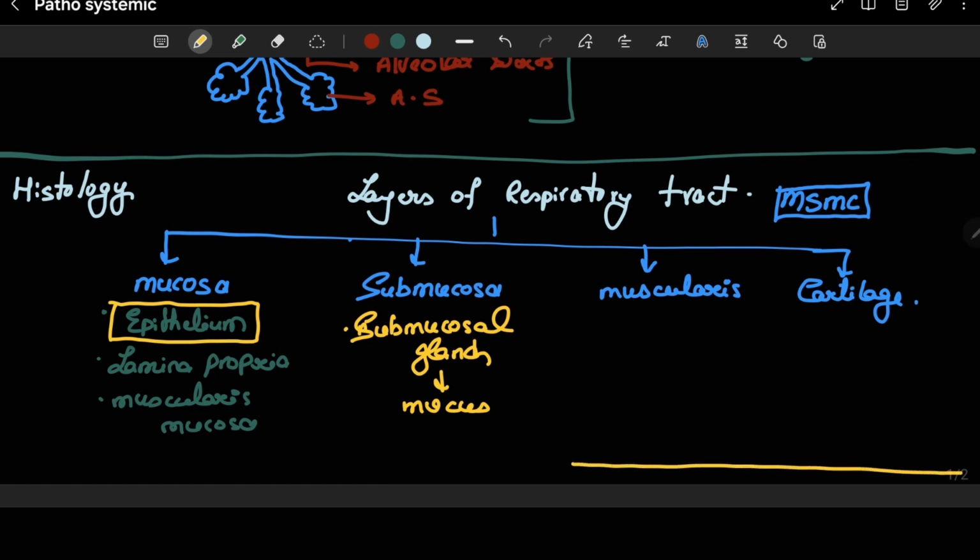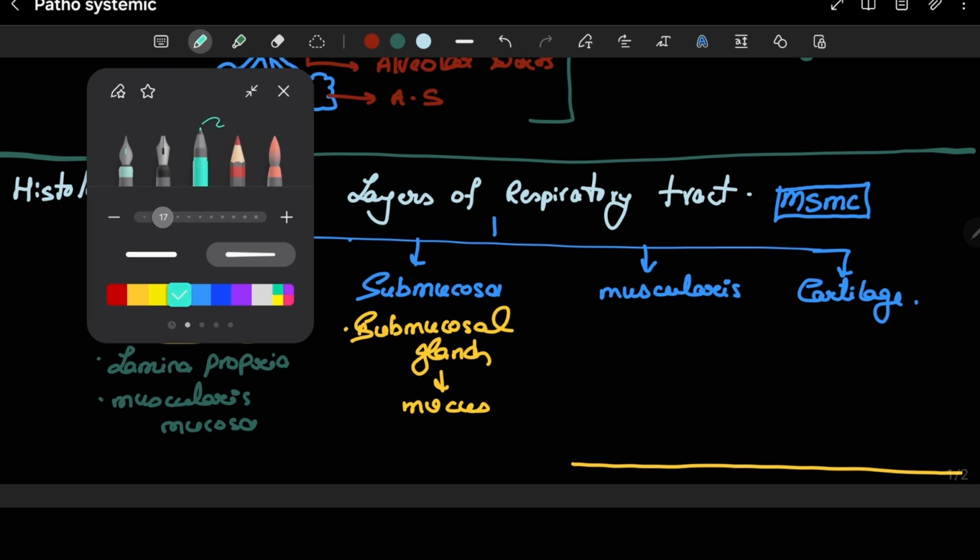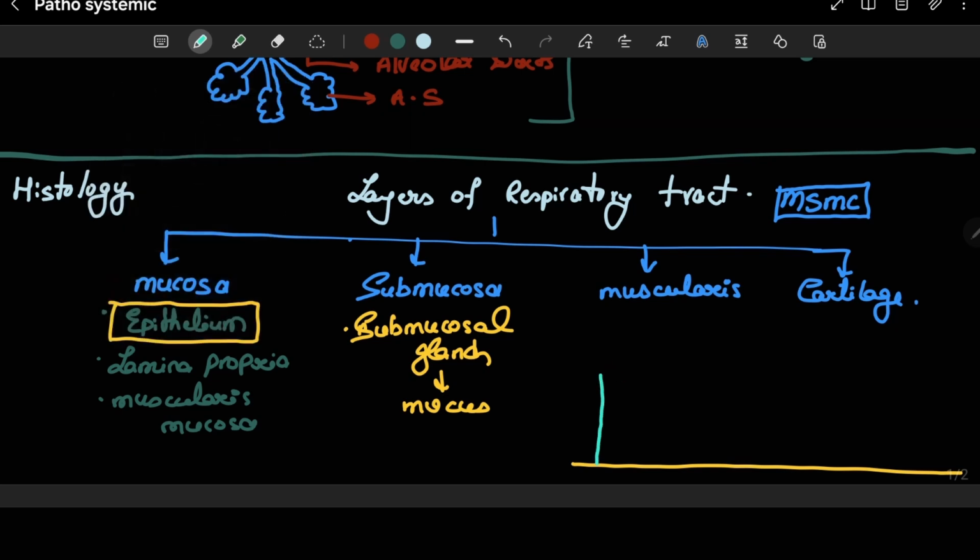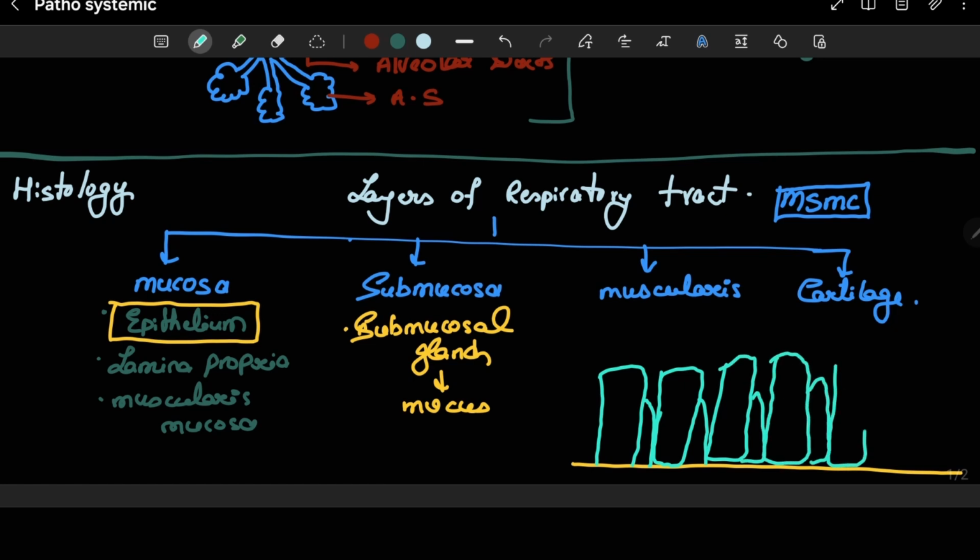So let us discuss. This is the basement membrane, and these are the pseudo-stratified columnar cells. Pseudo-stratified means they are falsely present as layers. And they are also ciliated. So, pseudo-stratified ciliated columnar epithelium is what is present in the respiratory tract.